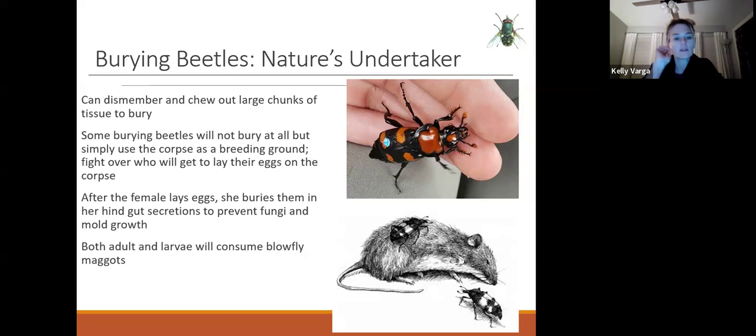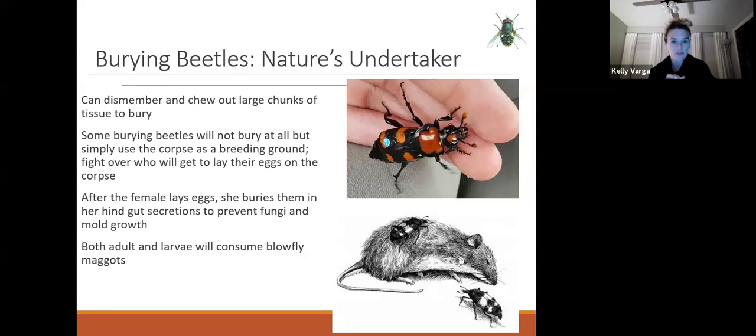So after the female lays eggs, she will bury them in her hindgut secretions to prevent fungi and mold growth. And again, then they will encase them to make sure that they have safe protection during the developmental stage, right? So nothing else is getting to them.